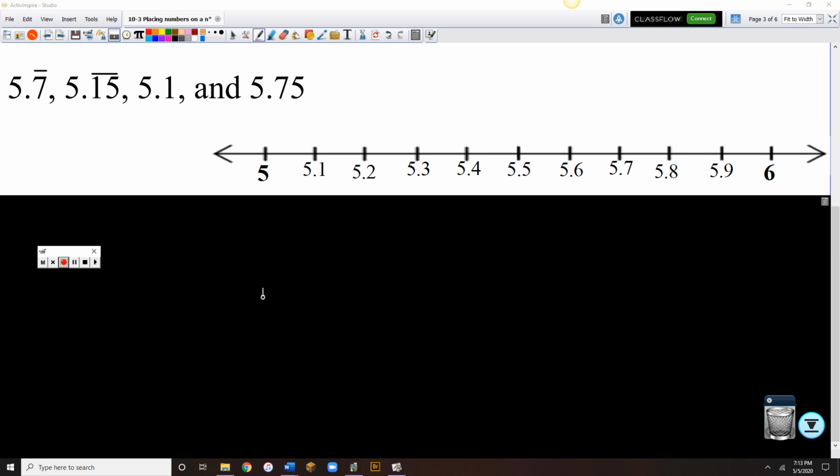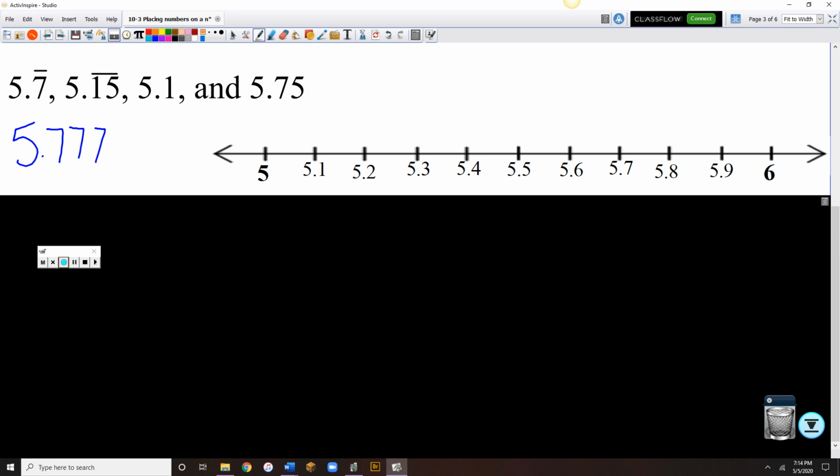In our next example, we've upped the level of difficulty a little bit by having some repeating decimals. Okay, so we've got 5.7 repeating, and it might be really tempting to put a dot on 5.7, but that would be wrong. We're not going to put a dot there. Here's why. 5.7 repeating means there's 7s that go on forever.